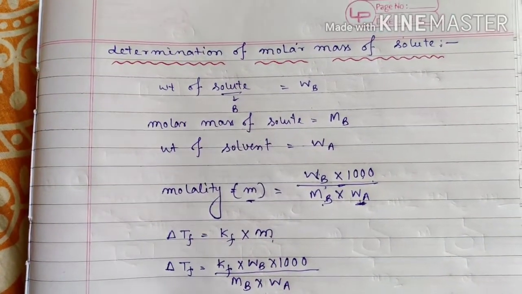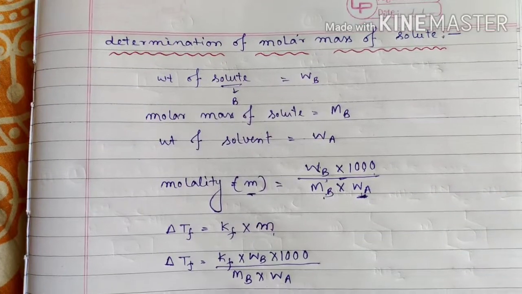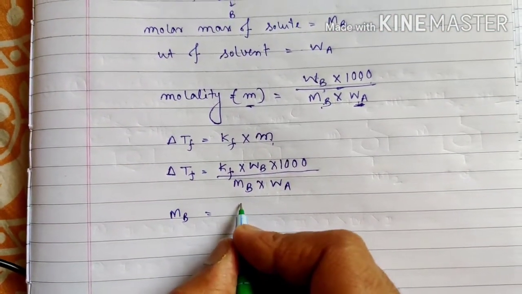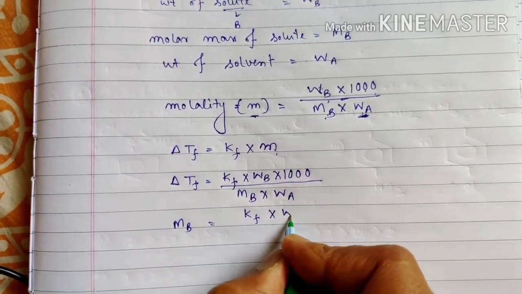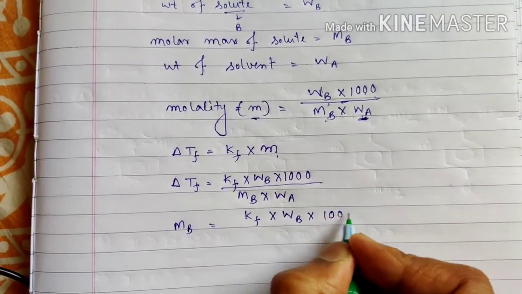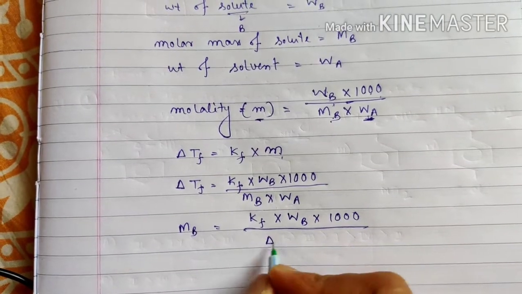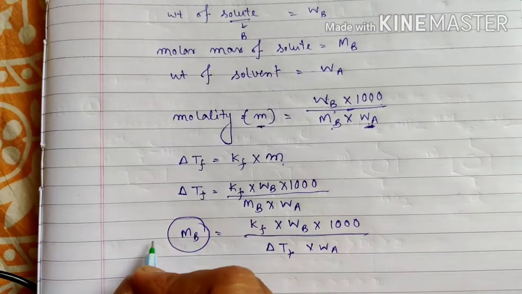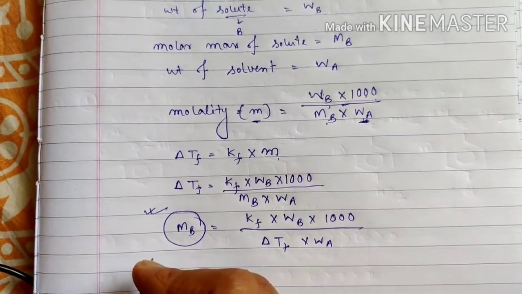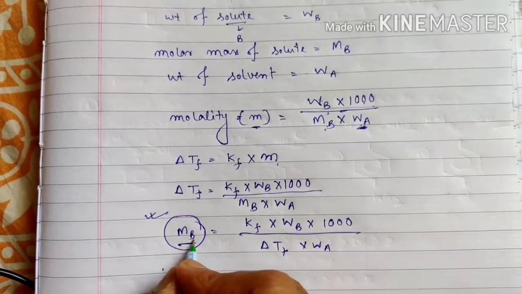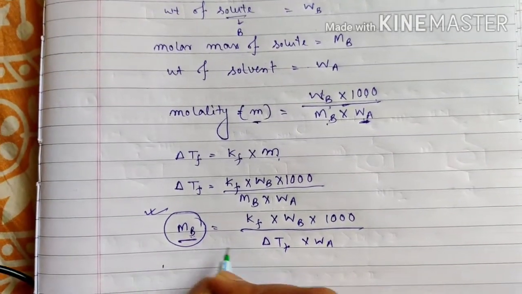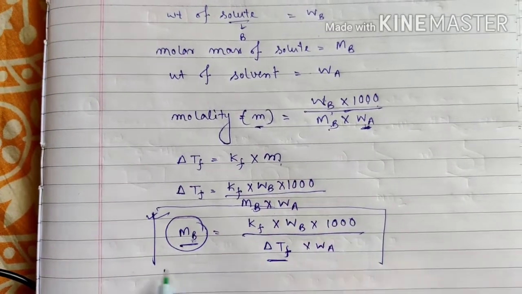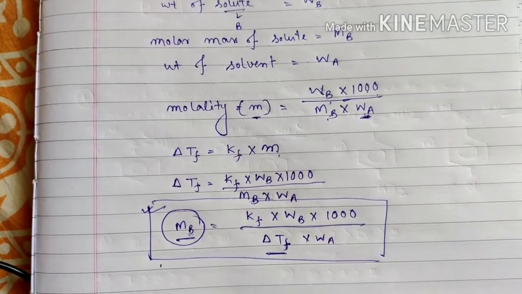That means we can write Mb is equal to Kf into Wb into 1000 divided by delta Tf into Wa. That means from here we can calculate the molar mass of the solute from the depression in freezing point data. So this formula will be handy in solving various types of numericals.